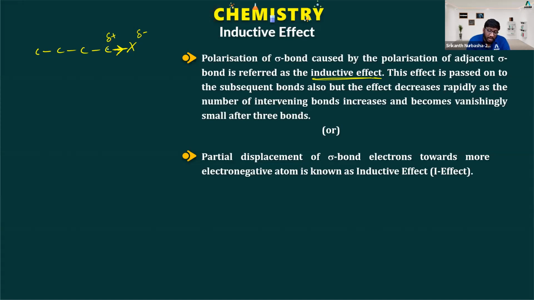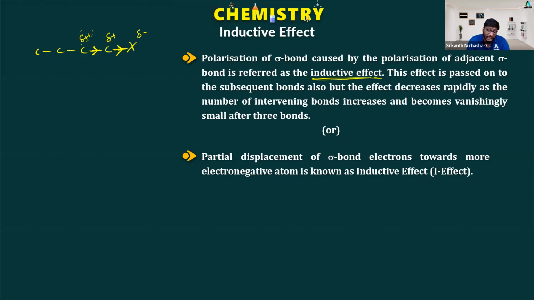Because of the partial positive charge on this particular carbon, can I say this carbon-carbon electron density will be moving? Obviously, because electrons are negatively charged, they are attracted towards positively charged centers. Carbon-carbon electron density will move, generating delta plus plus on this particular carbon. But this delta plus plus is less when compared to delta plus because it is polarization of an adjacent bond.